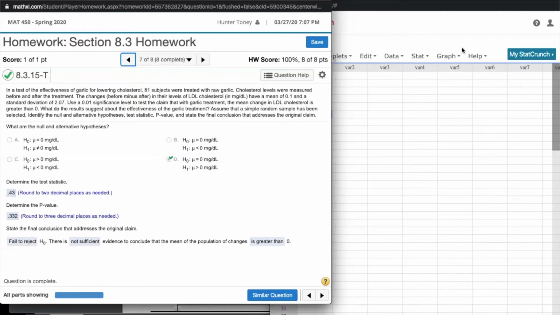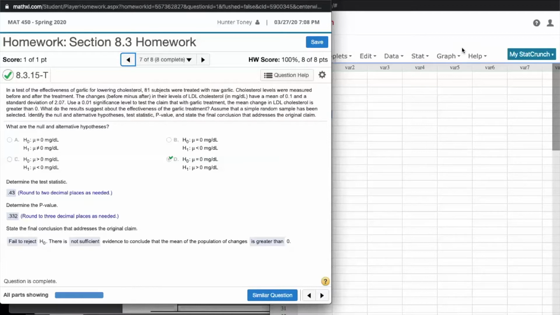They tell us to use a 0.01 significance level to test the claim that with garlic treatments, the mean change in LDL cholesterol is greater than 0, which would be no change. So what do these results suggest about the effectiveness of garlic as a treatment?